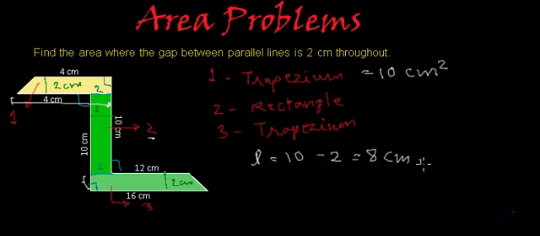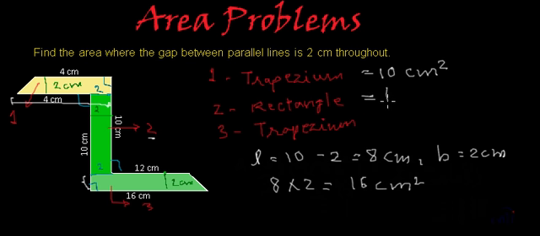And what about breadth? Breadth is 2 centimeters. So the area of the rectangle will be length multiplied by breadth, which is 8 multiplied by 2, equal to 16 centimeter square. So the area of the rectangle we have found as 16 centimeter square, right?